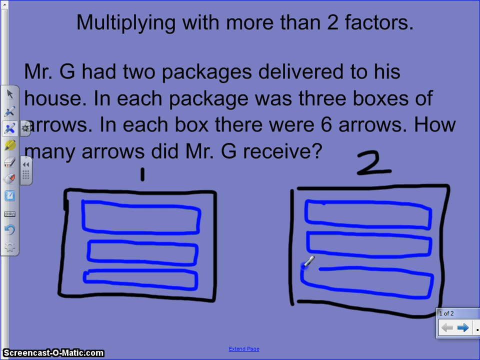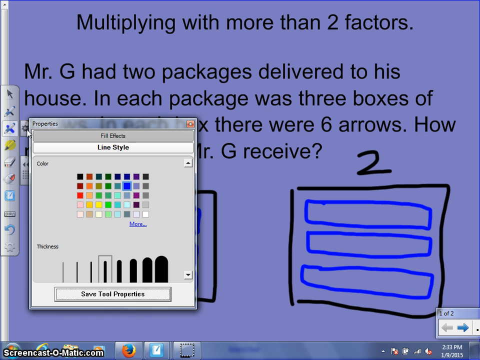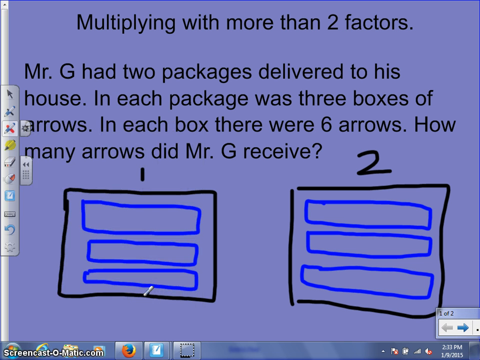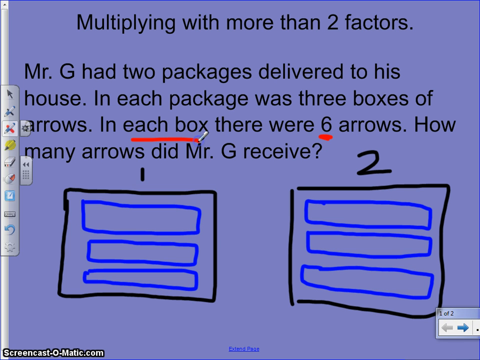Okay, that's what the word problem is telling us. And then the final detail of this is that there are 6 arrows in each box, right? So there's 6 arrows here, 6, 6, 6 arrows here, 6 arrows here, 6 arrows here, and you can see how that looks, okay?